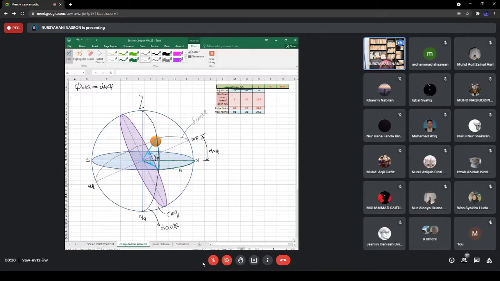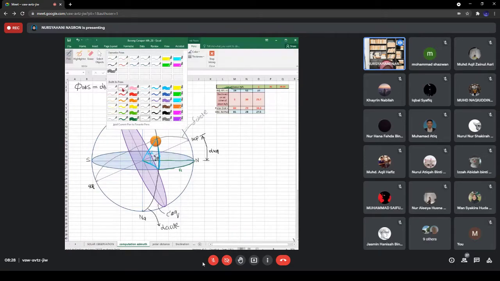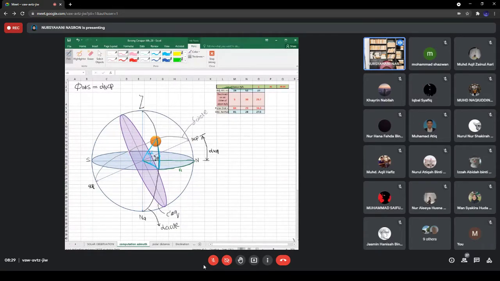So what is declination? Declination is the angular distance starting from the celestial equator. The celestial equator is the purple one. Starting from the intersection between the declination circle and the celestial equator, along the declination circle until the celestial body.